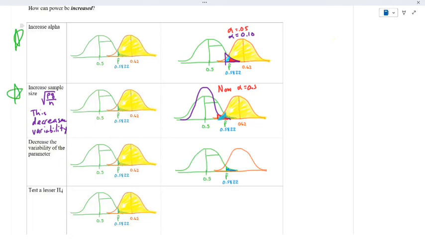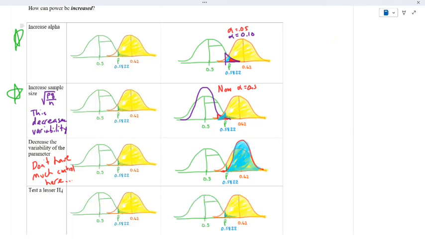If we are able to decrease the variability, this would get skinnier. So therefore, now the power is everything that's in the blue, which is more than we had in the yellow. So we would be increasing that. And then the other one is if you're testing against a lesser null hypothesis.